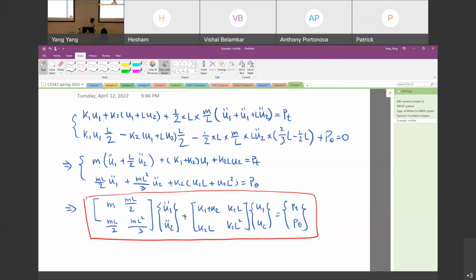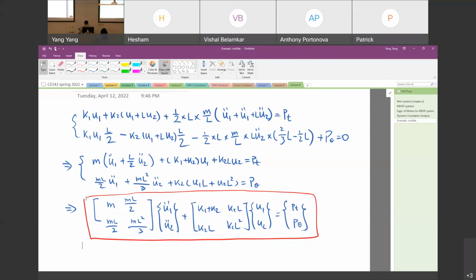As you can see here, the mass matrix is still symmetric. Similarly, the stiffness matrix should be symmetric. In future, if you get a mass or stiffness matrix that is asymmetric, that means something is wrong with your free-body diagrams or the formulation of the equations.